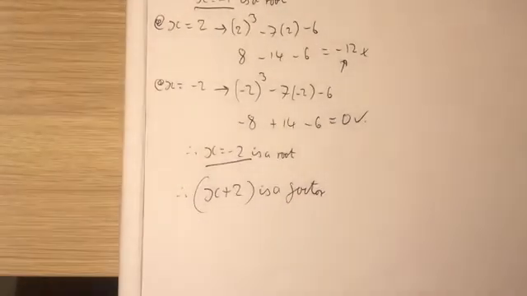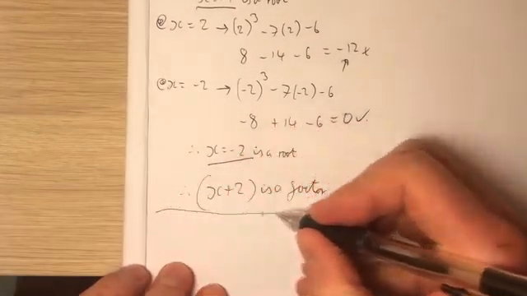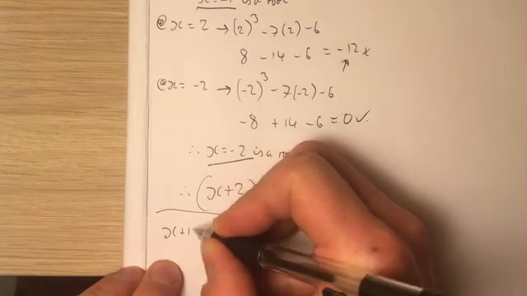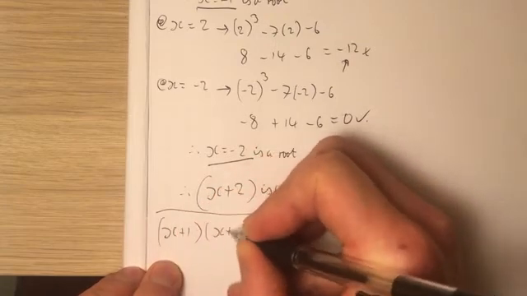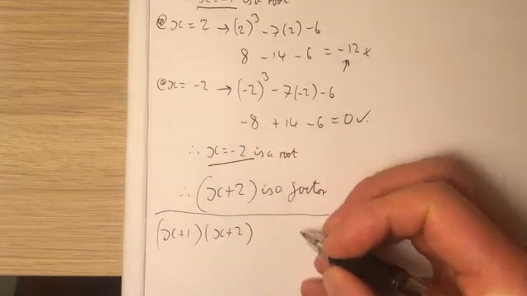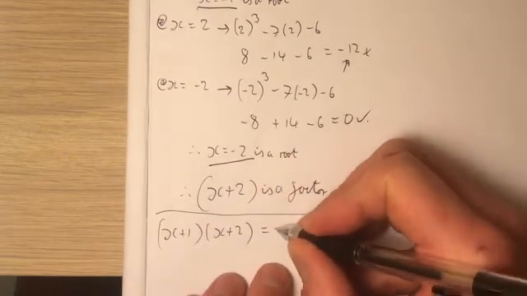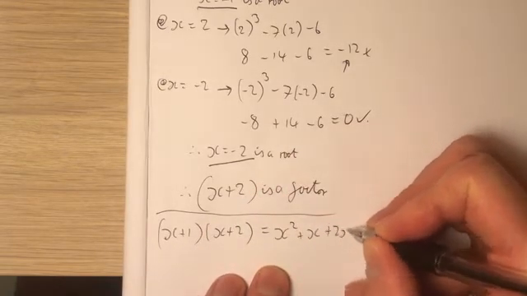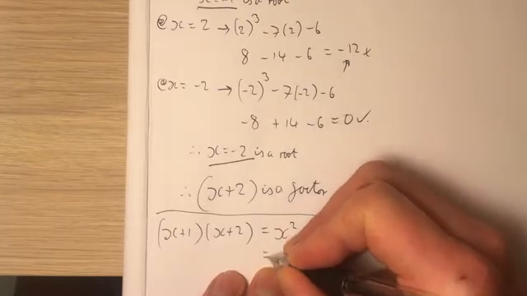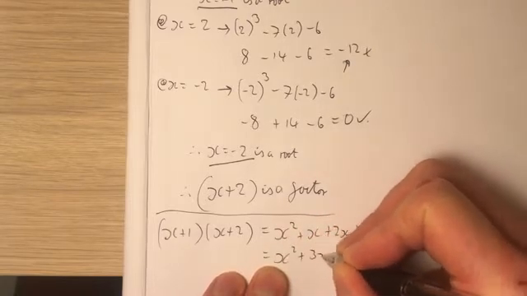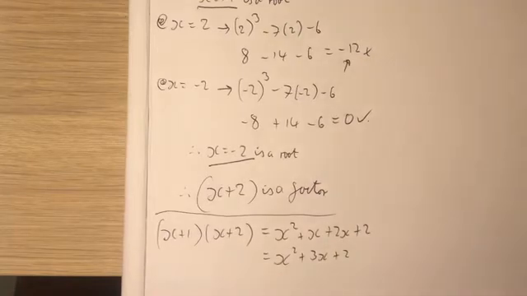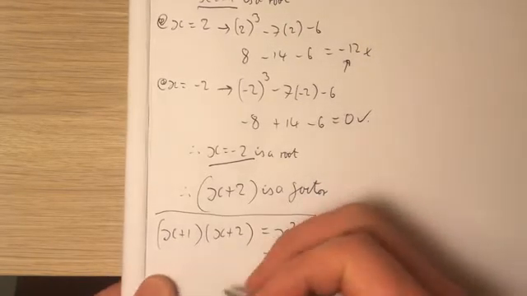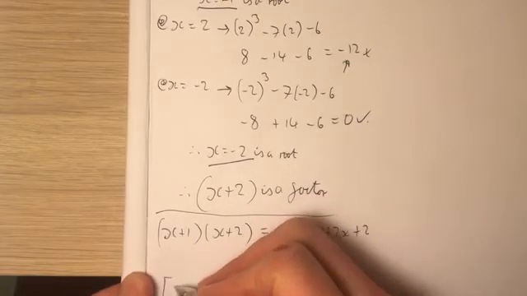So what I could do is start thinking, okay, right, I've got x plus 1 and I've got x plus 2. And what has that given me so far? So expand that out and I've got x squared plus x plus 2x plus 2, which is x squared plus 3x plus 2. So far, I need to times this by something else.